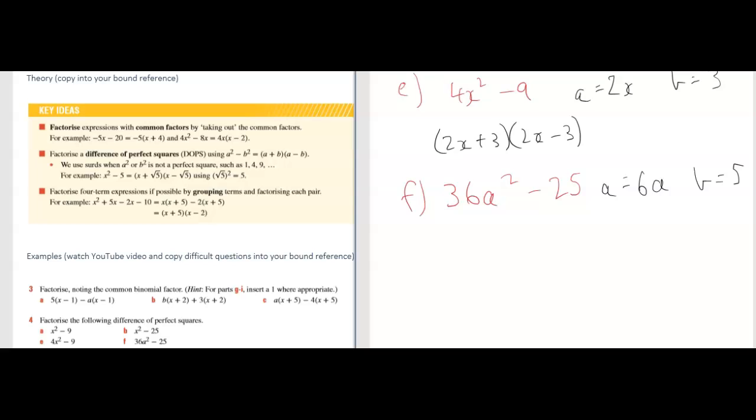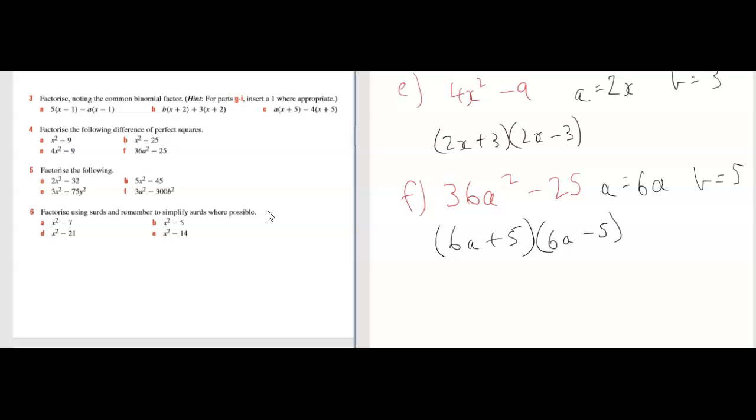Usually we wouldn't let a equal two different things, so just be aware that the a's are different a's, if that makes sense. But we're not really assigning them any values at the moment, we're just factorising. Okay, so we're going to have 6a plus 5, 6a minus 5.